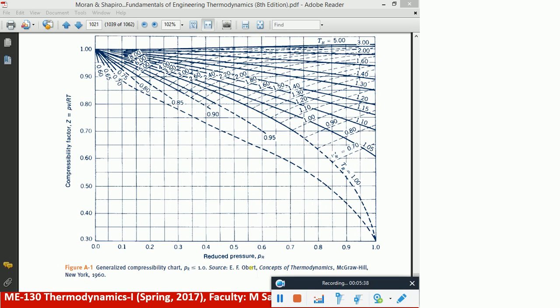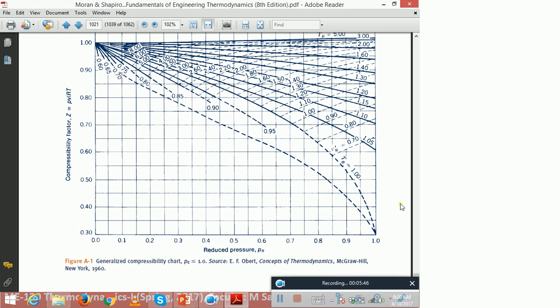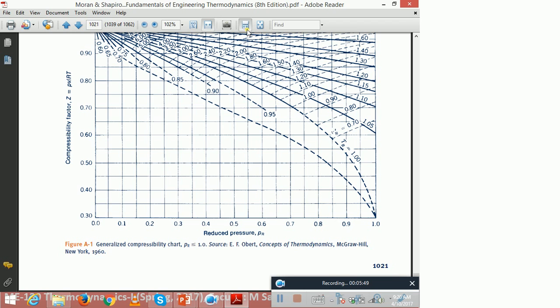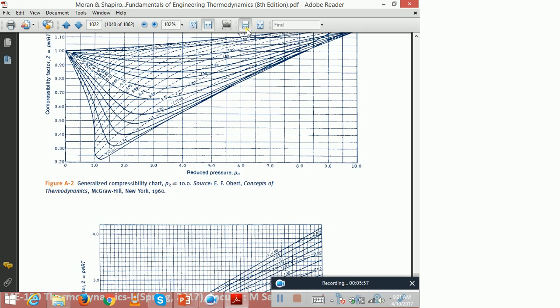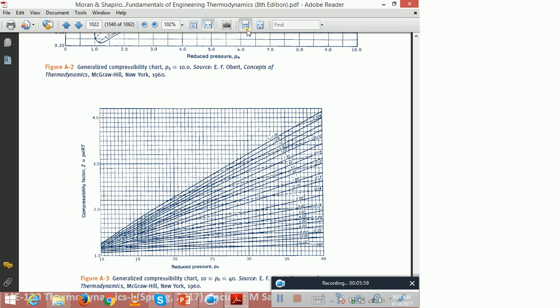In that chart, you can see that PR is from 0 to 1. In the next figures, you may be able to see some other. Here, PR is from 0 to 10. So you would find different figures, I think 3 figures for different ranges of PR.